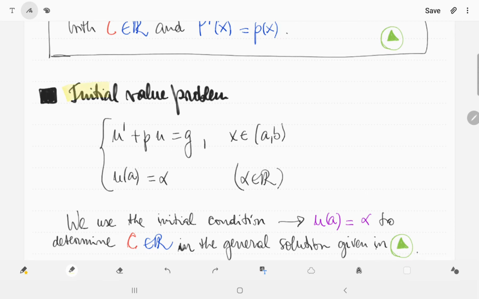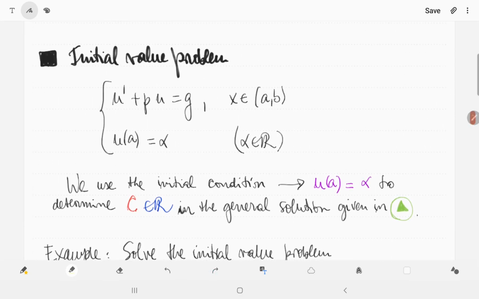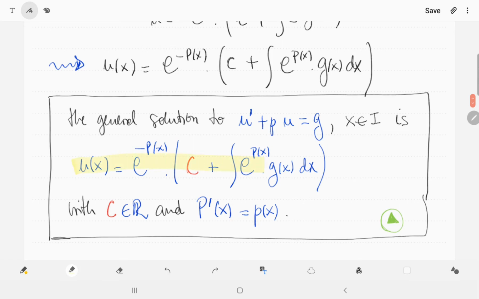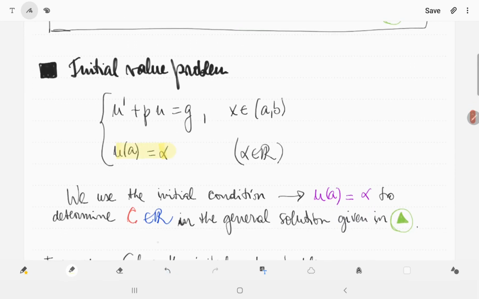So now if we have this initial value problem, we know the general solution of this part is given here, this blue expression. And what we don't know here is this constant c. So with this initial condition, we will determine this constant c.